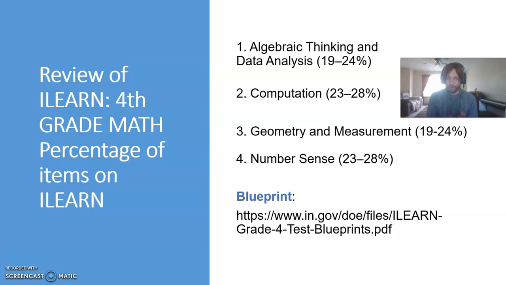Now to review the 4th grade math percentages of items on the I-loan. 19 to 24% of the I-loan exam for 4th grade involves questions on algebraic thinking and data analysis.